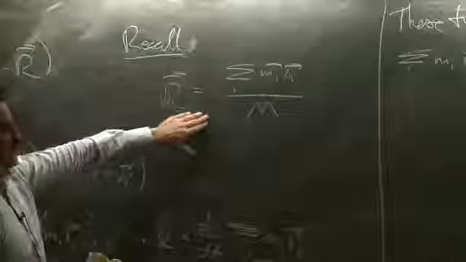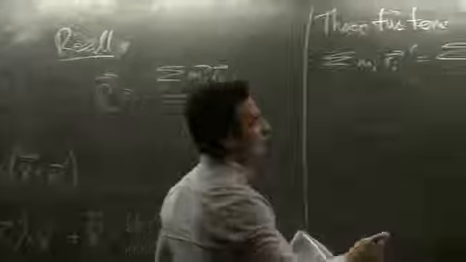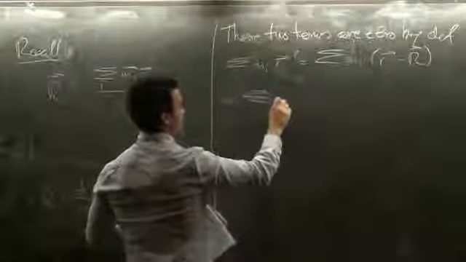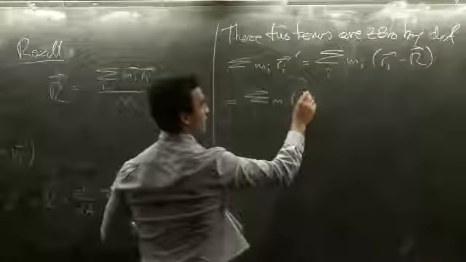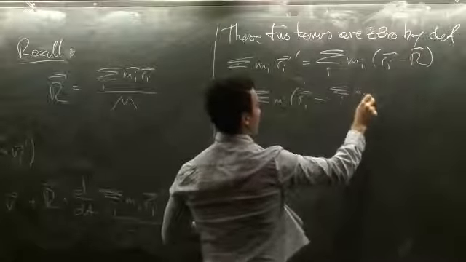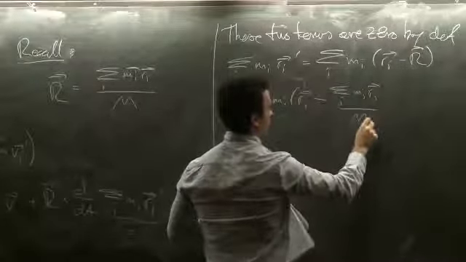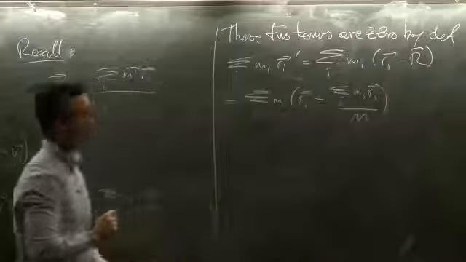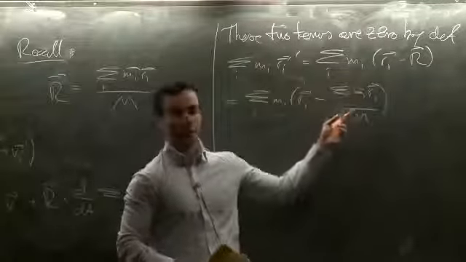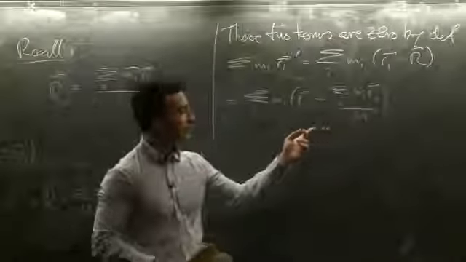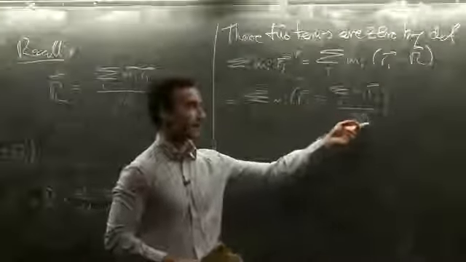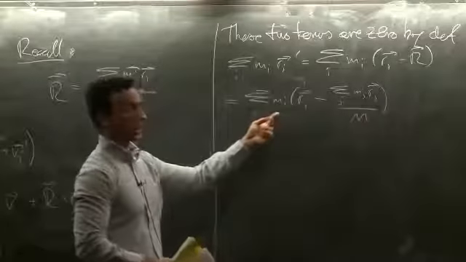So let's insert this into the equation. So we get this. Now this term is independent on I. So the only summation over I regarding this last term is related to mi.